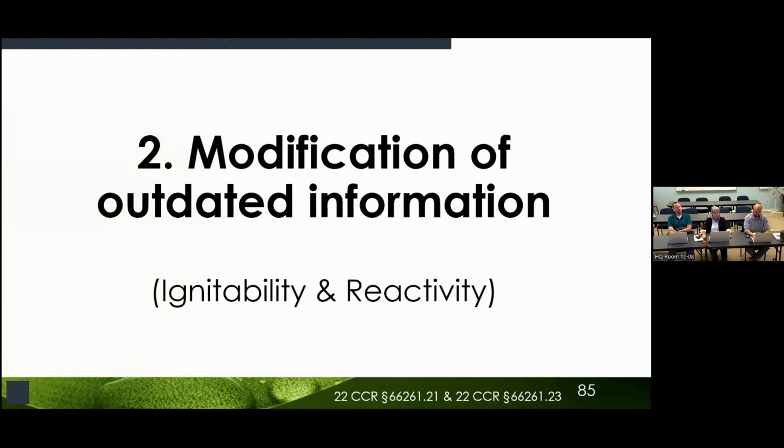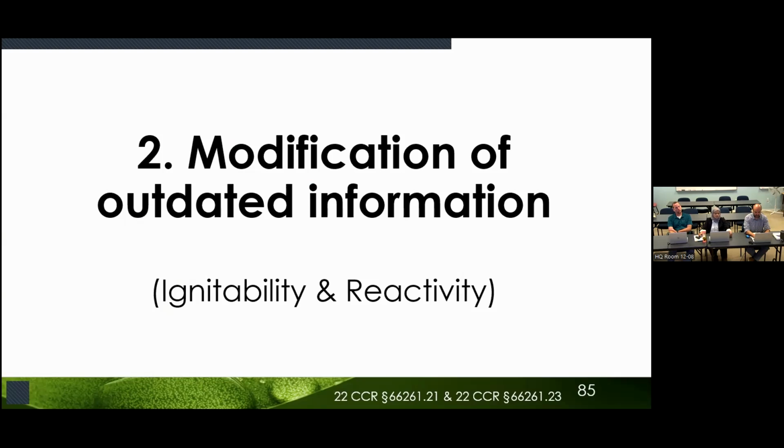The second part of the updates focuses on revising outdated information within some of the waste criteria sections that required modification. Over time, certain references and regulatory details in the criteria have become outdated and no longer reflect current standards or practices.